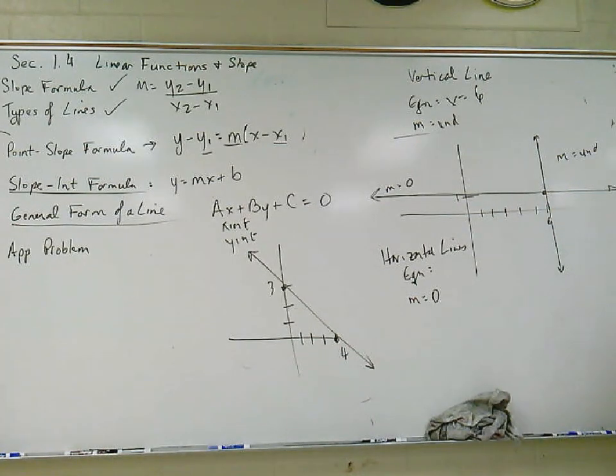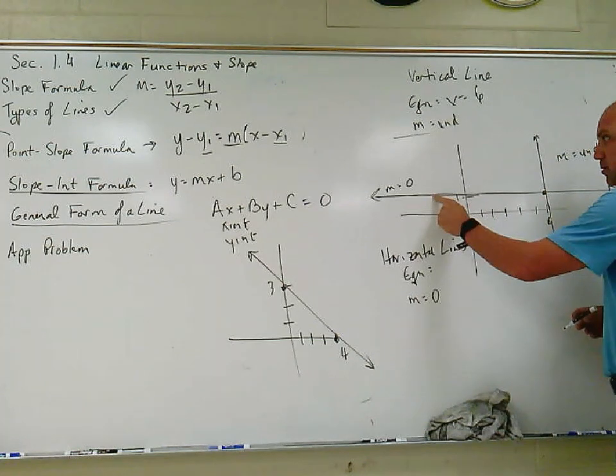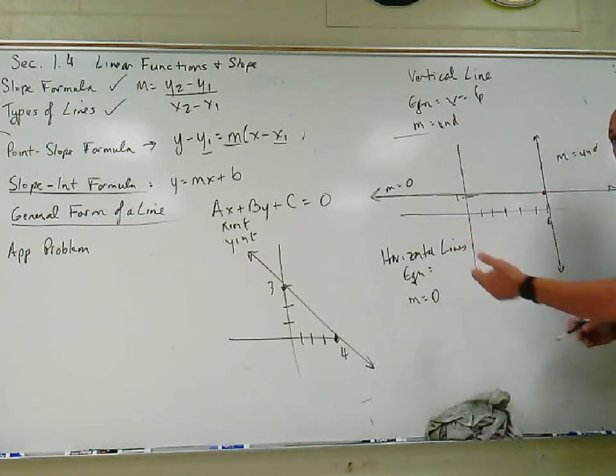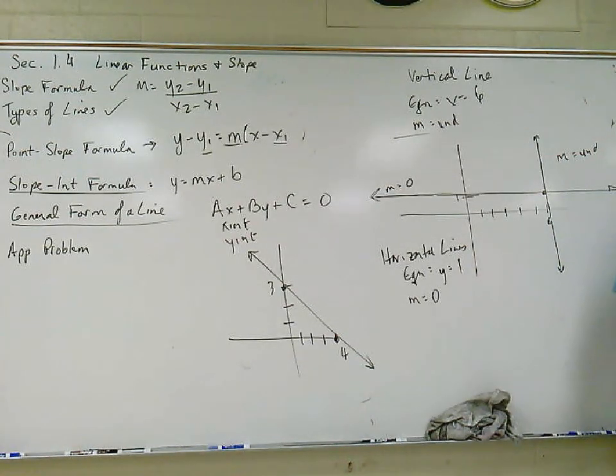I'm going to point, one coordinate never changes. On the horizontal line, what never changes? The y. So no matter where I point, what's the y? So y is always 1. So on horizontal lines, it's always y equals a number. Vertical lines, it's always x equals a number. And that's how you can get the equation.